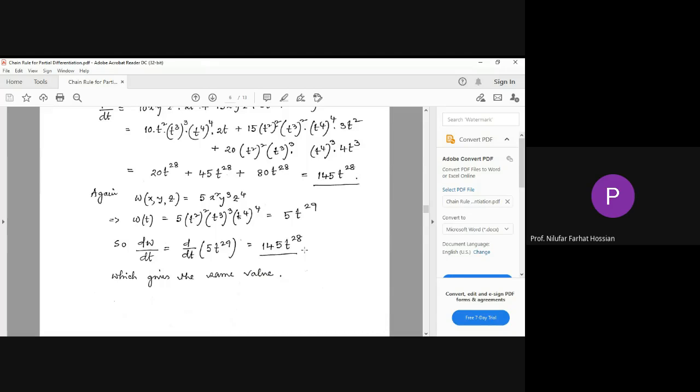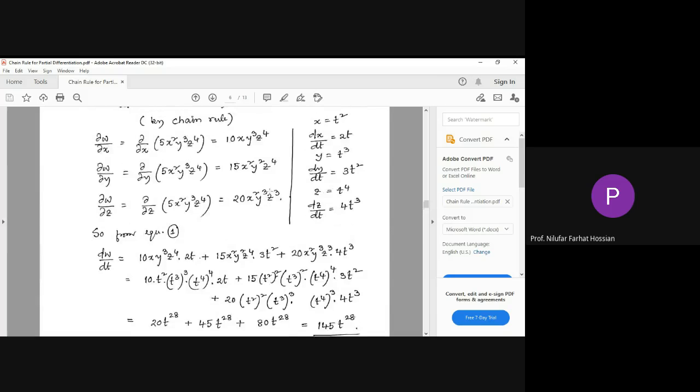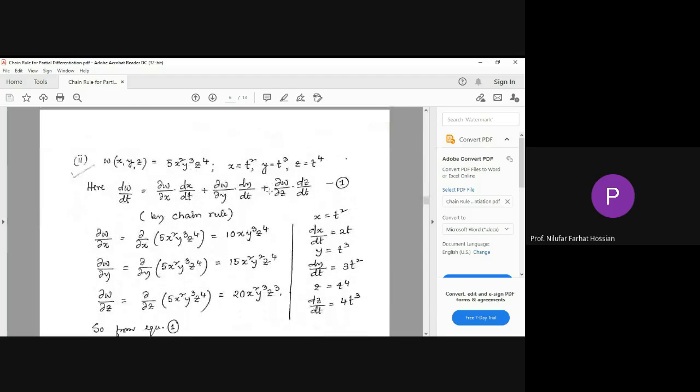Definitely it will be the same, because here you have done the total derivative using this chain rule. dw by dt is expressed in this form using the chain rule.